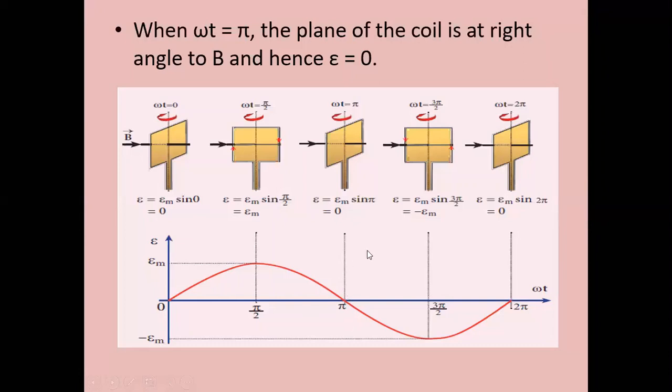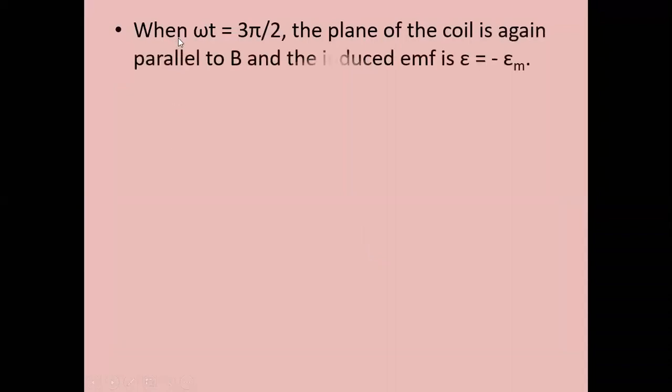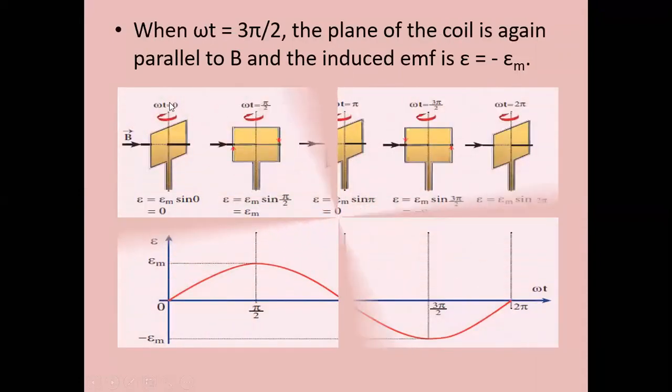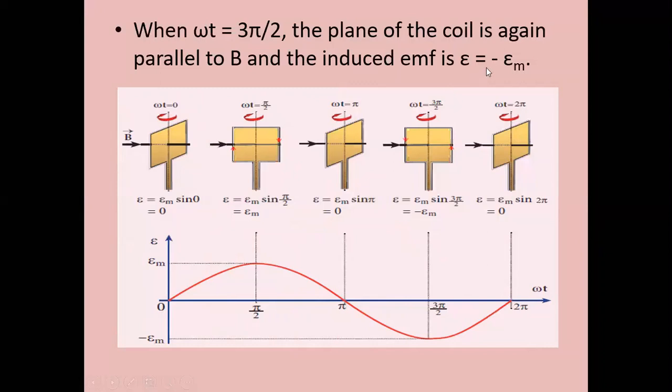The next case, we are rotating ωt to 3π/2, that is 270 degrees. The plane of the coil is again parallel to B, and the induced EMF is minus epsilon m. How?